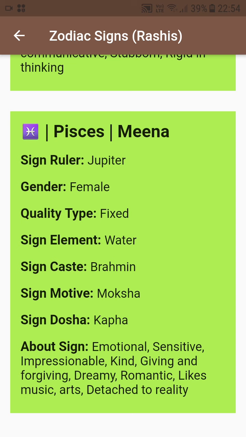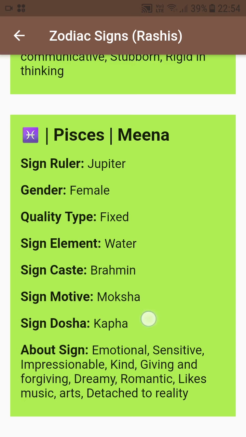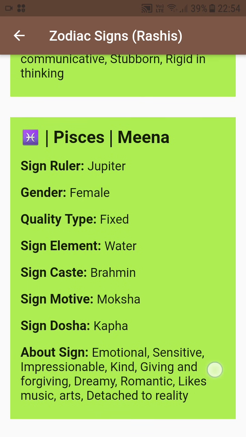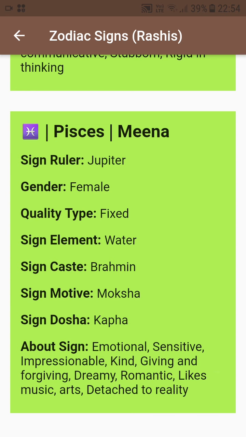By caste, it's Brahmin, moksha motive, dosha kapha, emotional, sensitive, impressionable, kind, giving, and forgiving, dreamy, romantic, likes music, arts, and detached from reality.